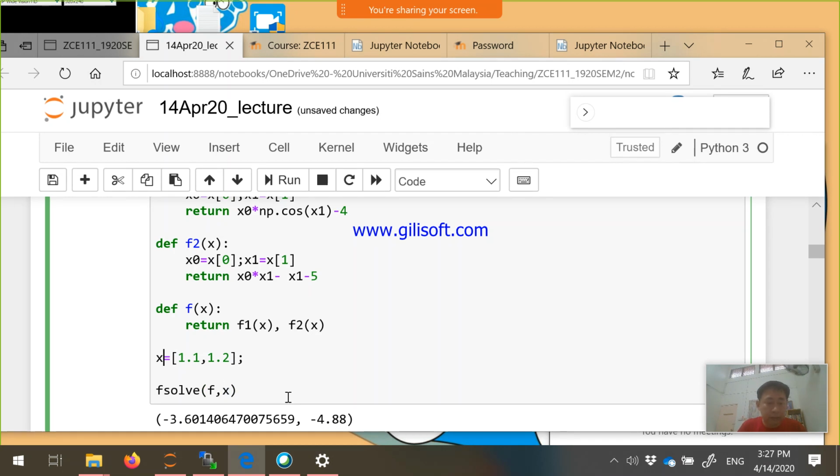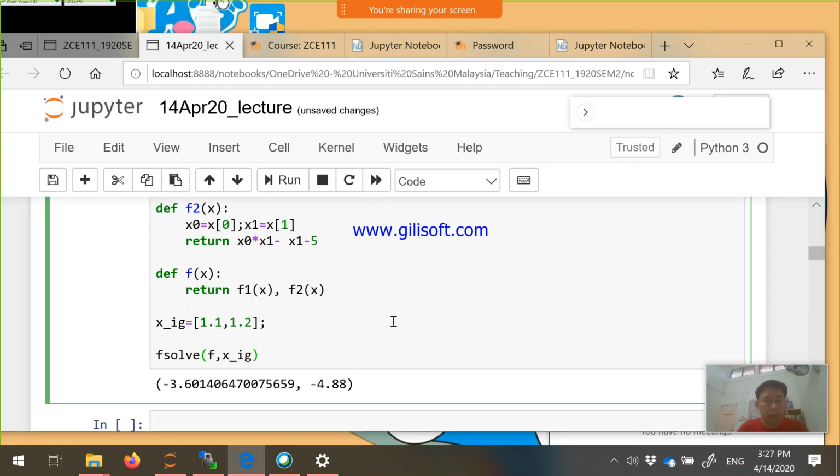So to make this different from the other, I call this x init. Okay, initial guess ig. Okay, this is the f of ig. So by doing that, if the fsolve is called, it will try to read in the values of the initial guess, which is 1.1 and 1.2 here, and then put it into the function f.